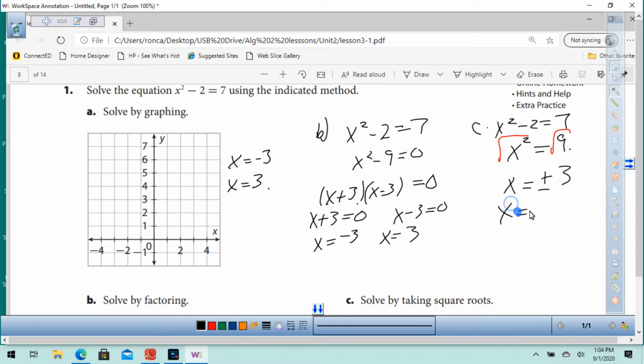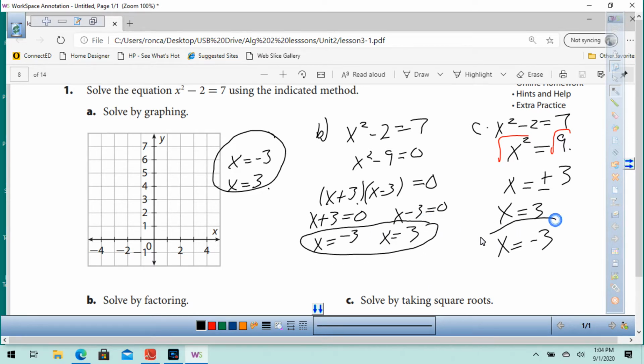In other words, x equals 3 and x equals negative 3. Notice we got the same answer by graphing as we did by factoring, as we did by taking square roots. You get the same answer whichever direction you choose.